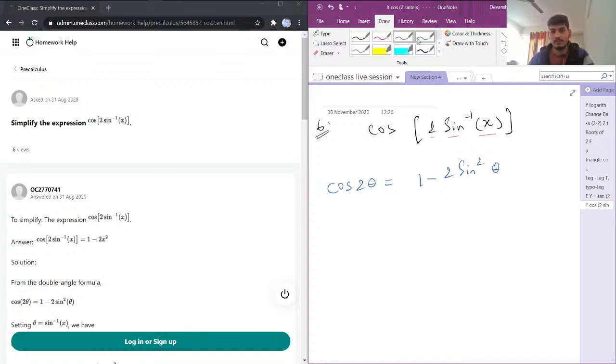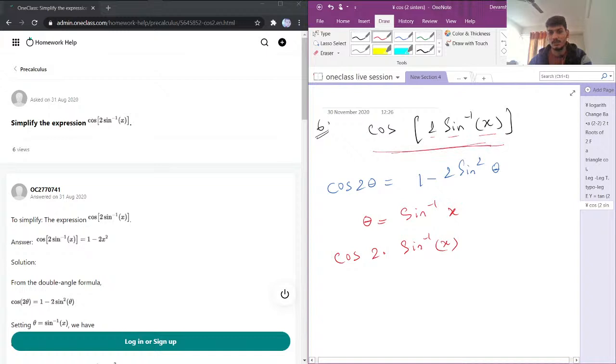Now let's say in this formula I'll keep theta as sine inverse of x. So my expression will become cosine of 2 times sine inverse of x, which is basically my question only.